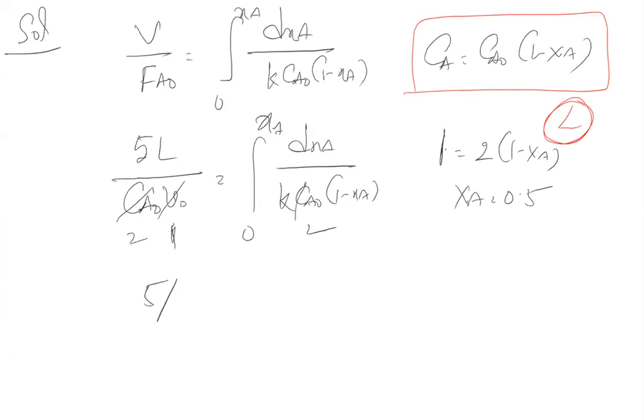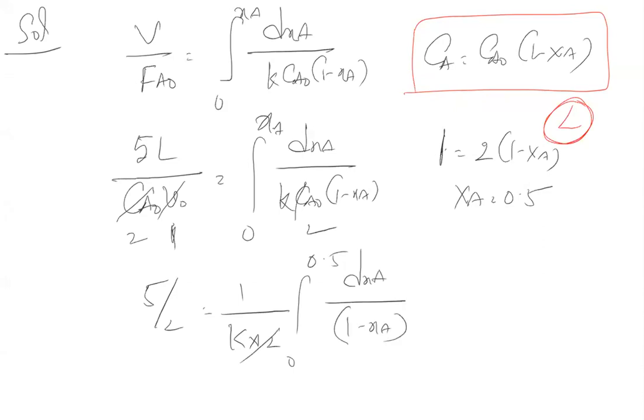So 5 divided by 2 is equal to 1 by K times the integral from 0 to 0.5 of dXA by 1 minus XA. So 2 and 2 will cancel. If you solve this equation, you'll get 5 equal to K into minus ln of 1 minus XA from 0 to 0.5.